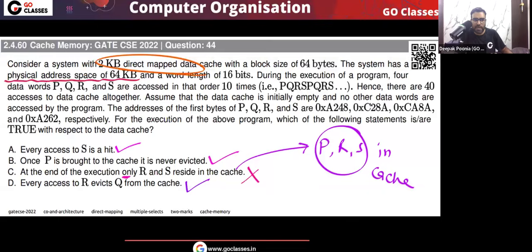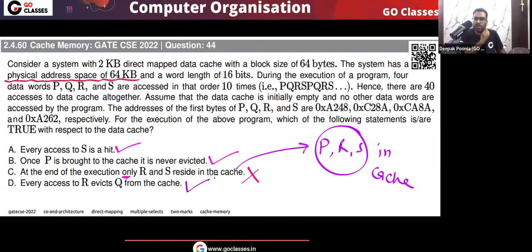You need to apply direct mapped cache. First you do address division, then you notice that PQRS are not block numbers, so you find which block they belong to. The addresses of PQRS are given to you. From these addresses you find to which block addresses PQRS belong. Then you will see P comma S belong to the same memory block. Q belongs to some other block, and R belongs to some other block.